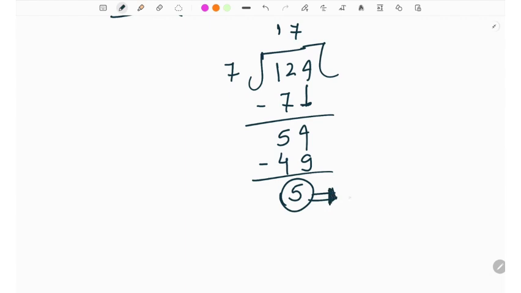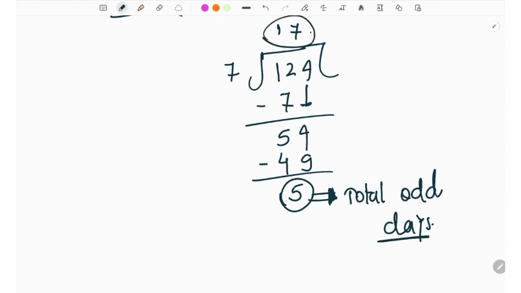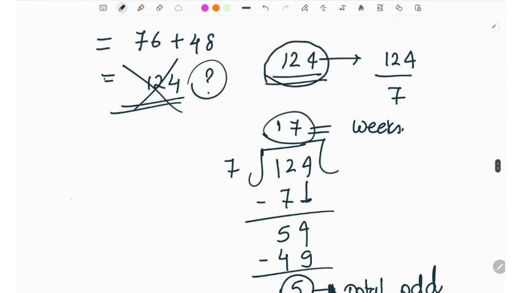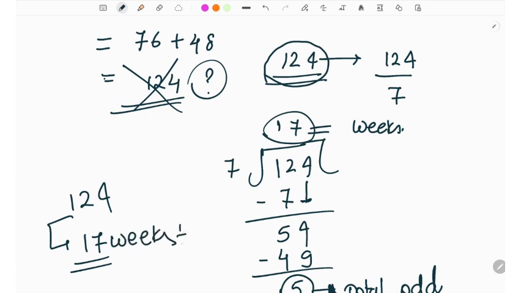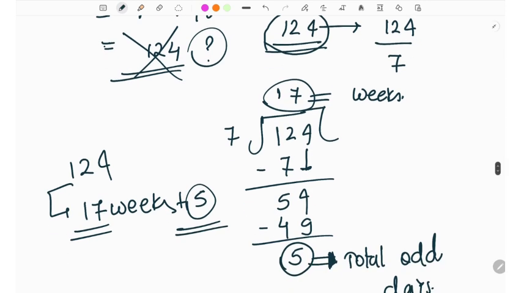This denotes the total odd days. And what does this 17 denote? This denotes the total number of weeks. It means from 124 days we can form 17 weeks, plus the extra 5 days. So whatever extra is left is called the total number of odd days.